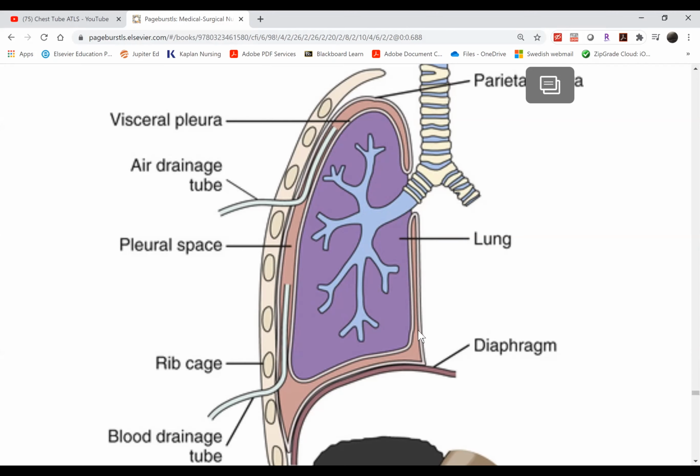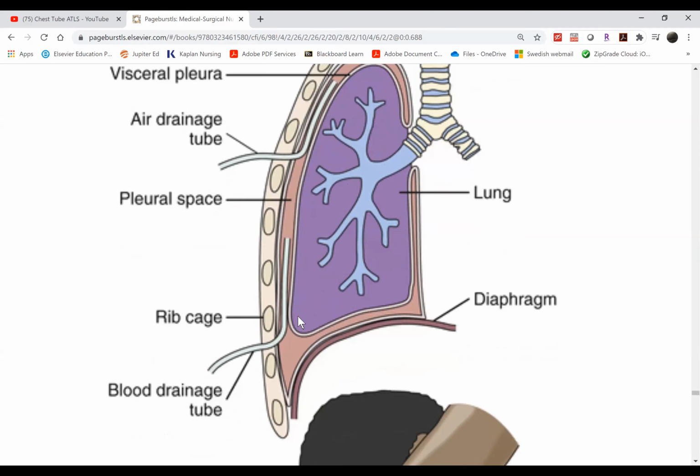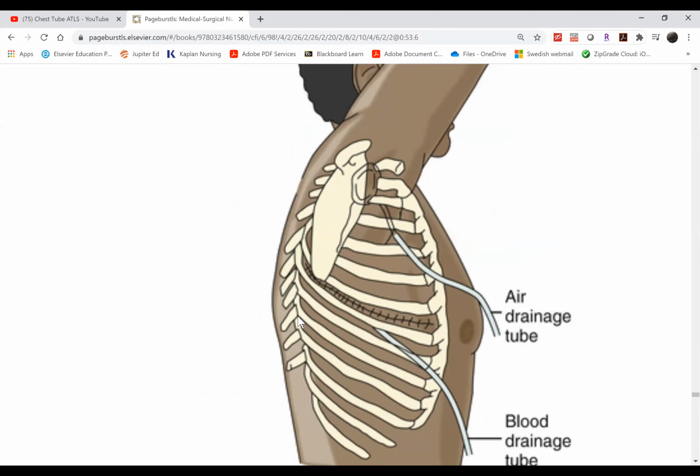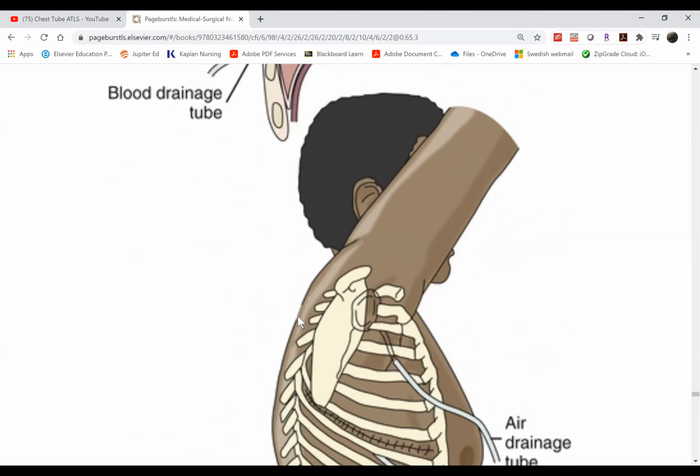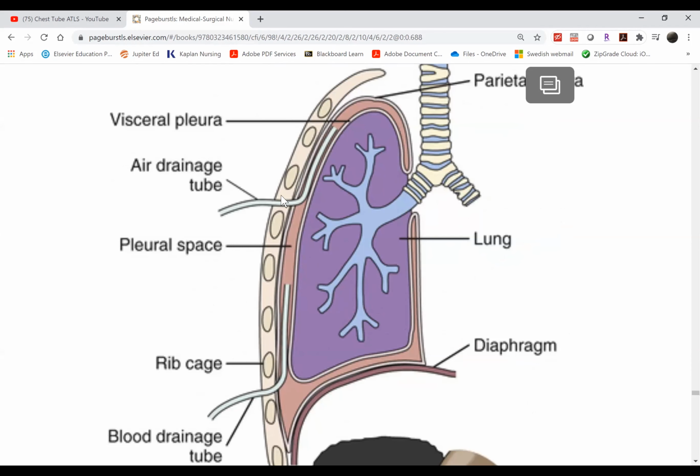So here is your pleura. The description here is like an inflated balloon that you put your fist into. The fist in this example, of course, is your lung. So that's the shape of your pleura, and that's where our air is located. So we put the chest tube and then we connect that. The patient can have multiple chest tubes if they have, let's say, both. So they'll have two.